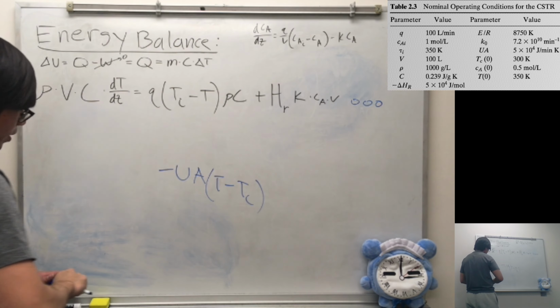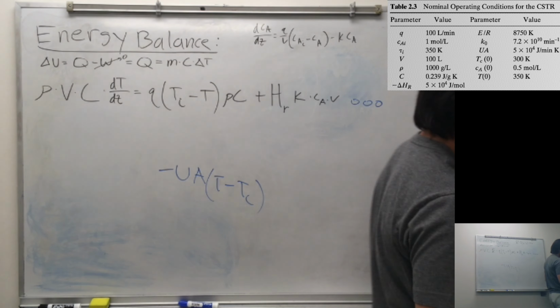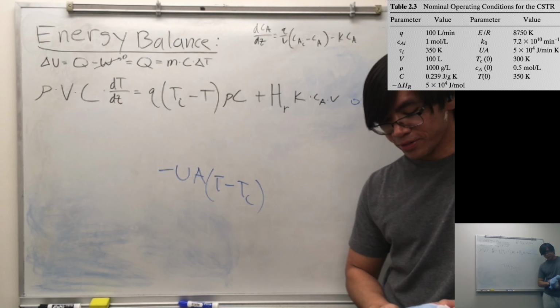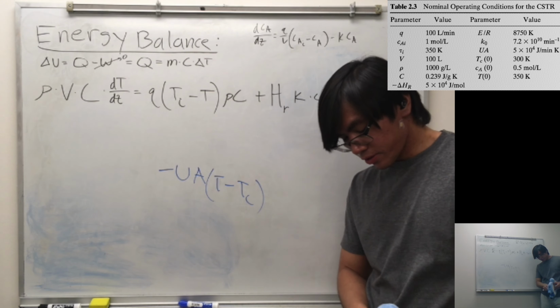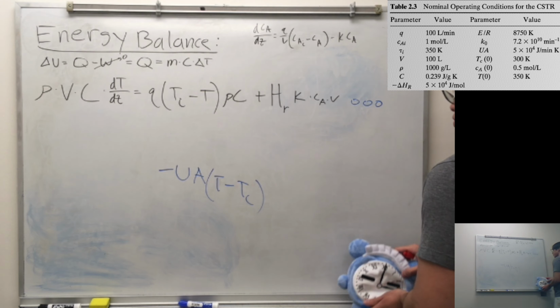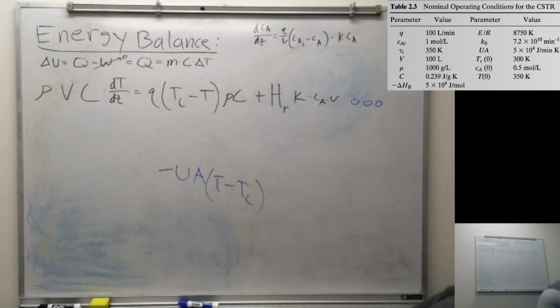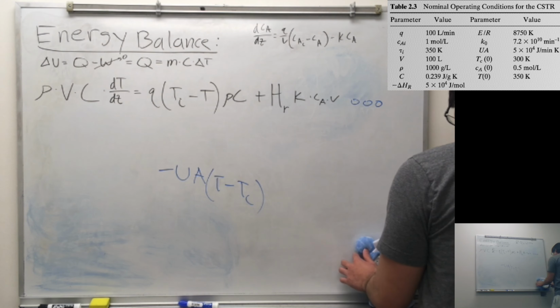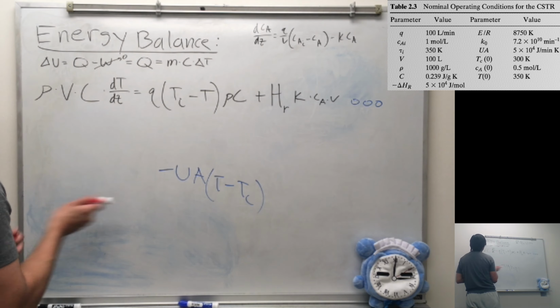You know what? Might be good to use another marker, so I'll go ahead and do that. My little pack here stored my markers. Let's go red. Okay, so again, we're just dividing by rho V C. Okay, rho V C. So we're just dividing across to isolate.